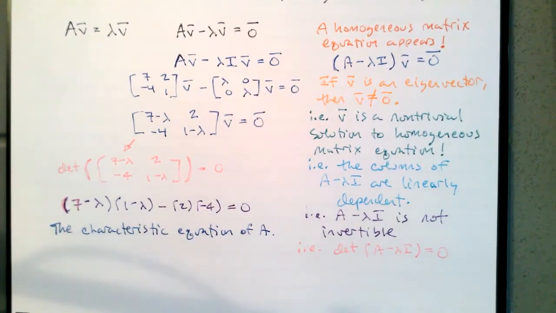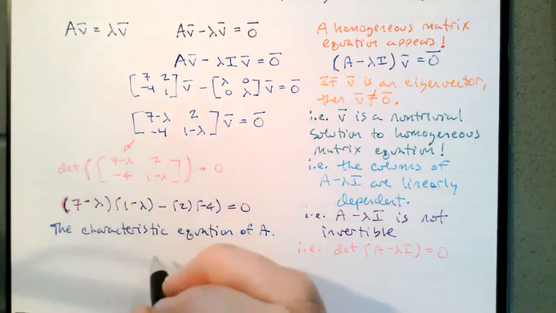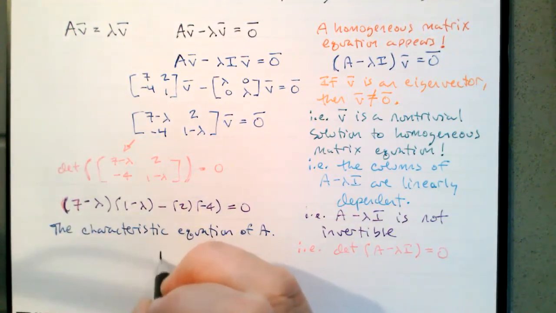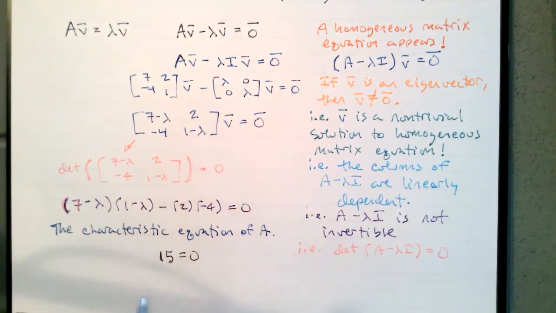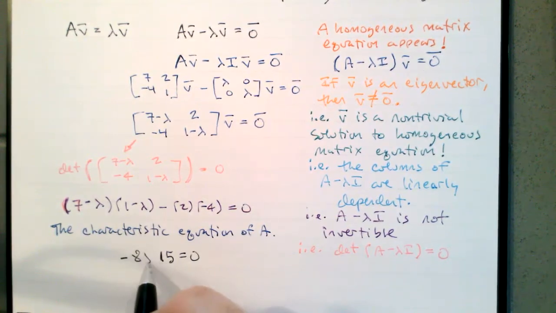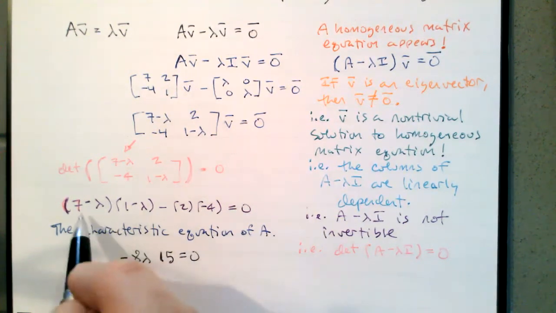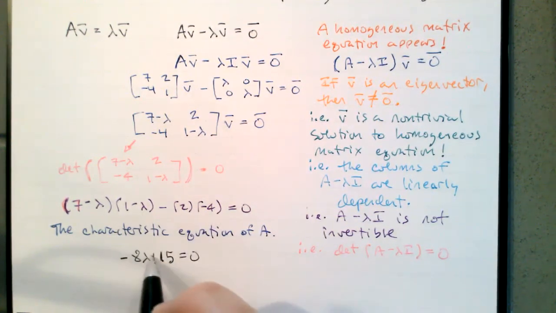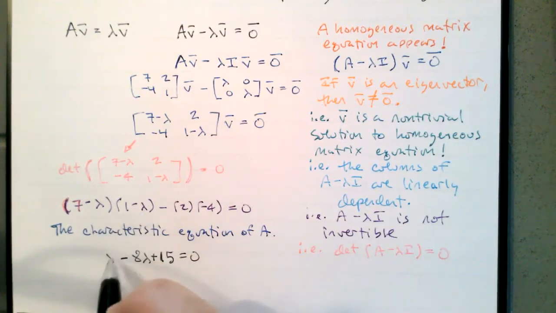We've got this polynomial, we've set it equal to 0, and we just need to solve this polynomial equation. So we multiply this out, we're gonna get 7 plus 8 is 15. And then we'll have minus 7 lambda, minus lambda is minus 8 lambda. It's going to be plus 15, and then we'll have a lambda squared.